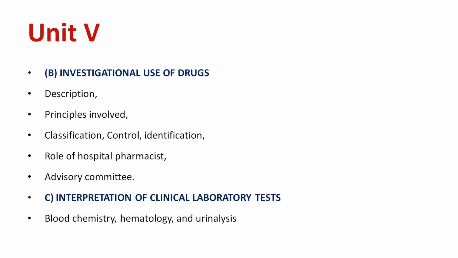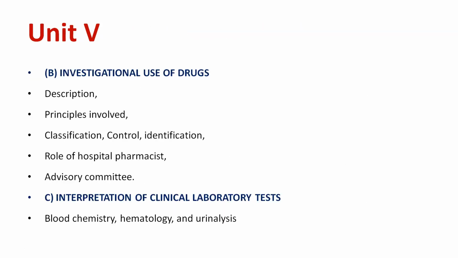Lastly, we'll be studying about the interpretation of clinical laboratory tests, which include blood chemistries, hematology, and urine analysis. So the proper interpretation of all the laboratory results, how you interpret it, and with your understanding, whether it may be the hematology, the blood chemistry, and urine analysis, how you come out with a conclusion for the patient care.